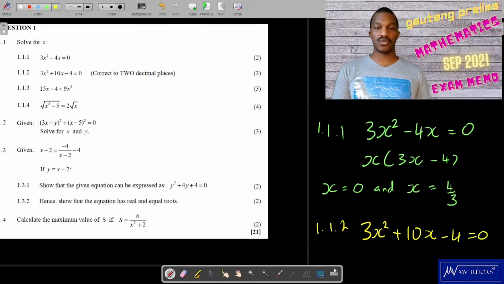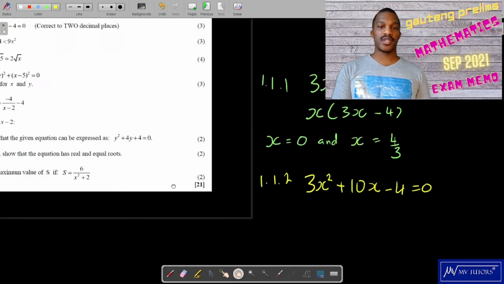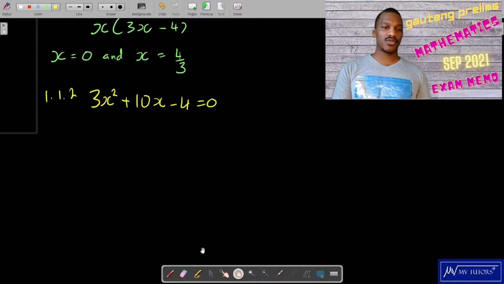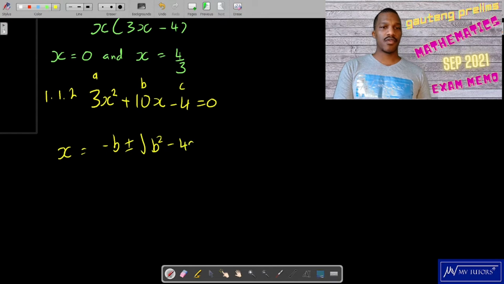And they want it to 2 decimals, so probably we're dealing with a quadratic equation here. What I like to do is write a on top there and b and c. My quadratic formula is x equals minus b plus or minus the square root of b squared minus 4ac, all over 2a. You should know it by heart, but I think it's in your formula sheet as well.